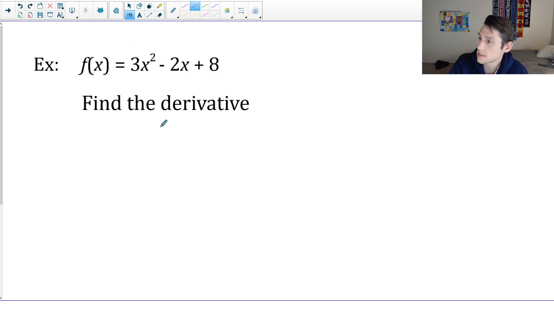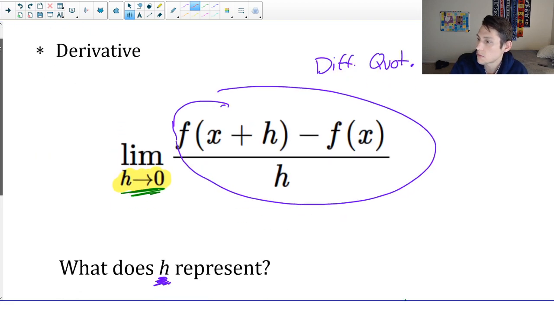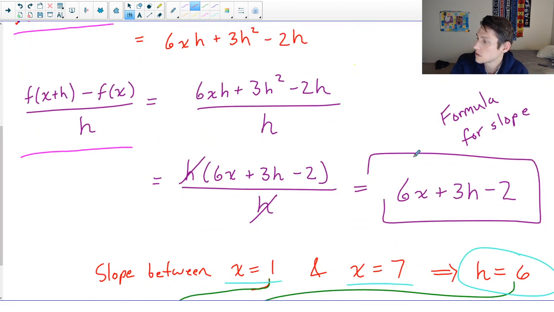So 3x squared minus 2x plus 8. Find the derivative. Or the question could say, find the slope of the tangent line. Either way, first of all, I already know from previously when we did this problem, the difference quotient is this, 6x plus 3h minus 2.